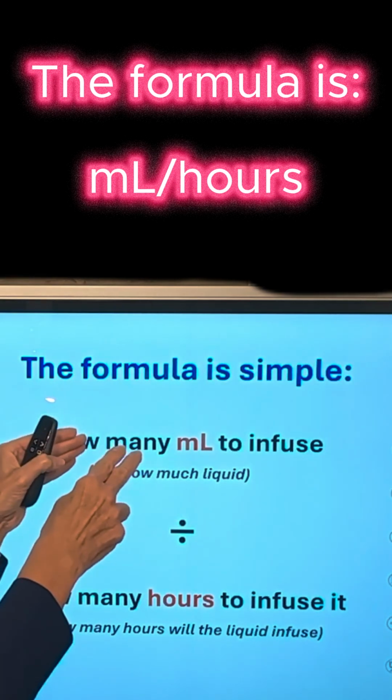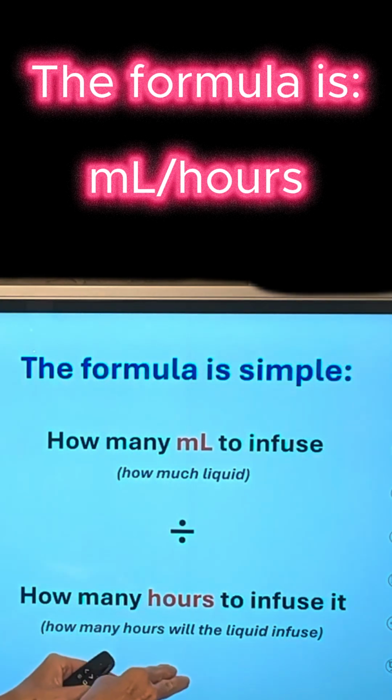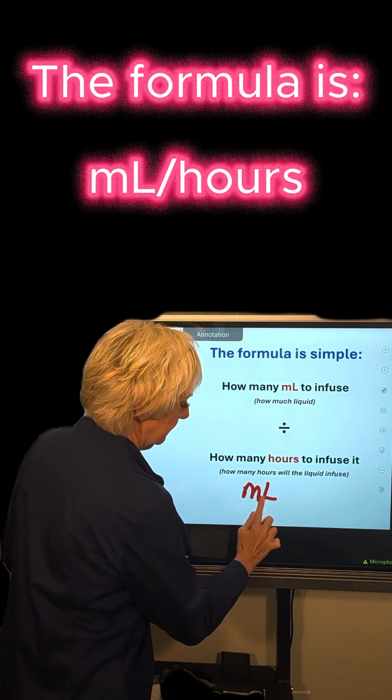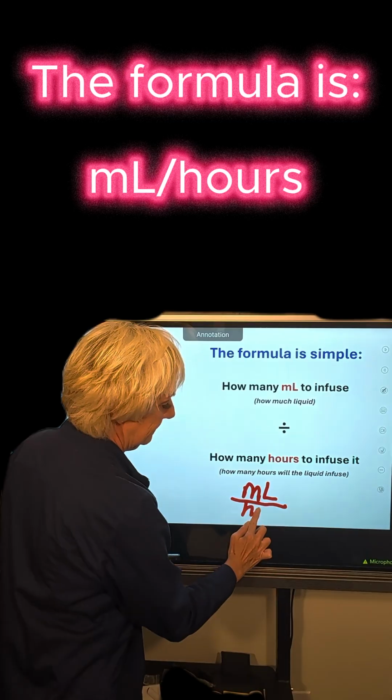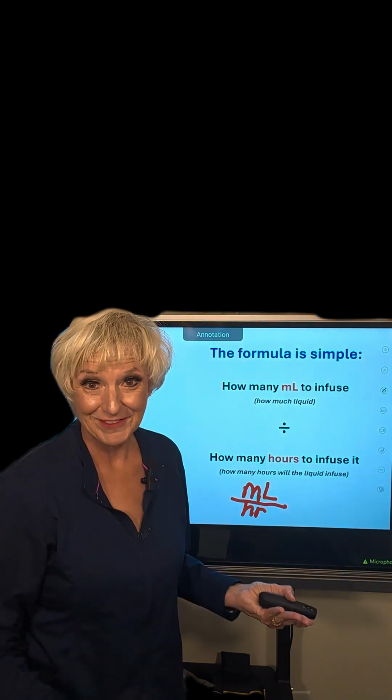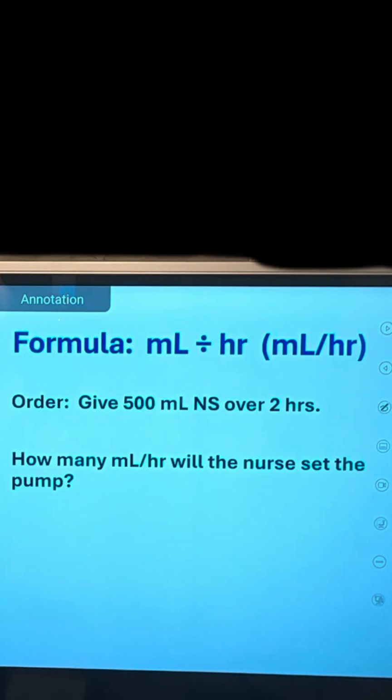So how many milliliters of liquid do you have and how many hours is it going to infuse over? And it looks something like this. How many milliliters divided by how many hours? Milliliters over hours.